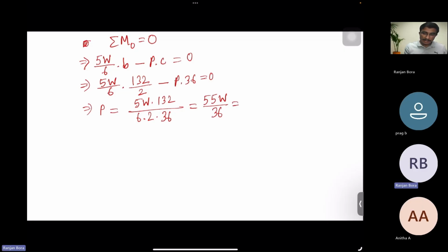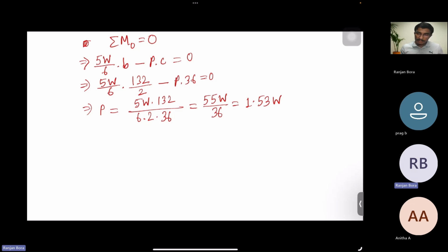But we can write it in decimal points. It will be 1.53W. So we have got P in terms of W. We are assuming that W is known to us. We have got P, and 5W by 6 is also already given. So now we are left with only one unknown, which is Fj.